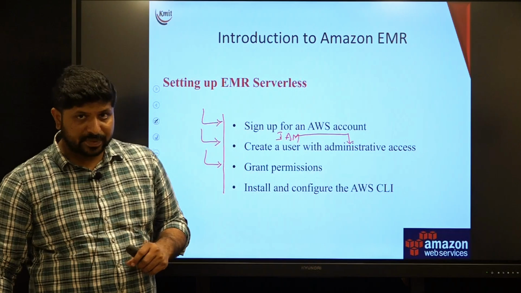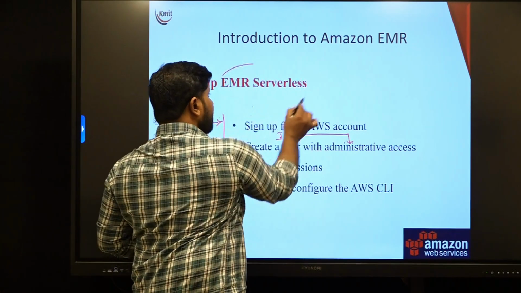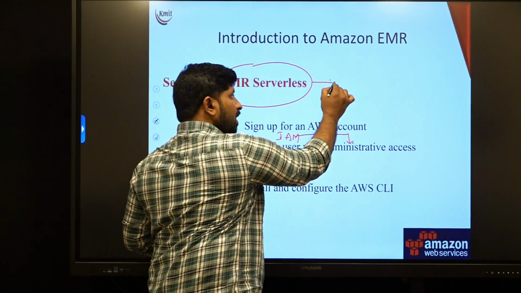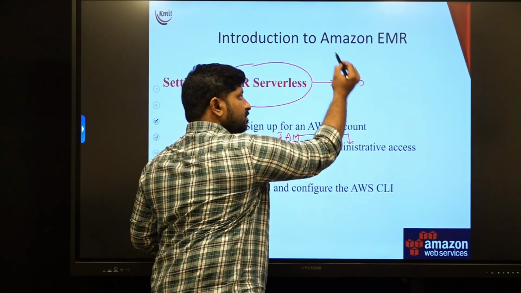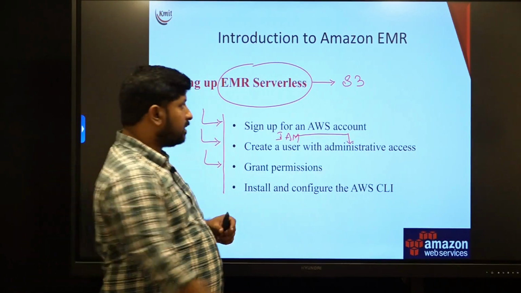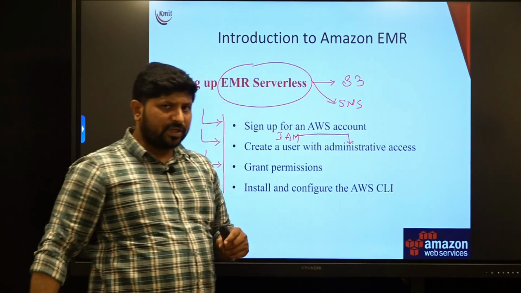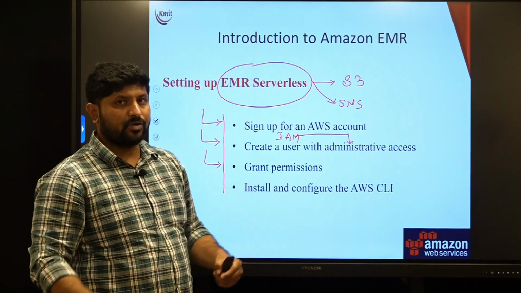Granting permissions means that when you are using EMR Serverless, this EMR Serverless will communicate with particular services, just like S3 or else SNS, Simple Notification Service. Which other services are you going to take into consideration?